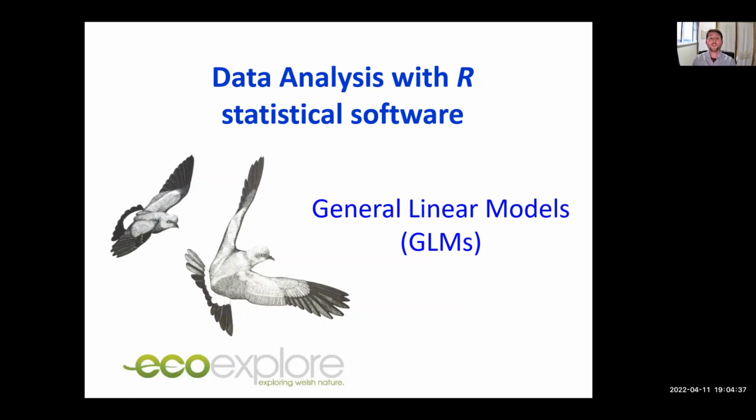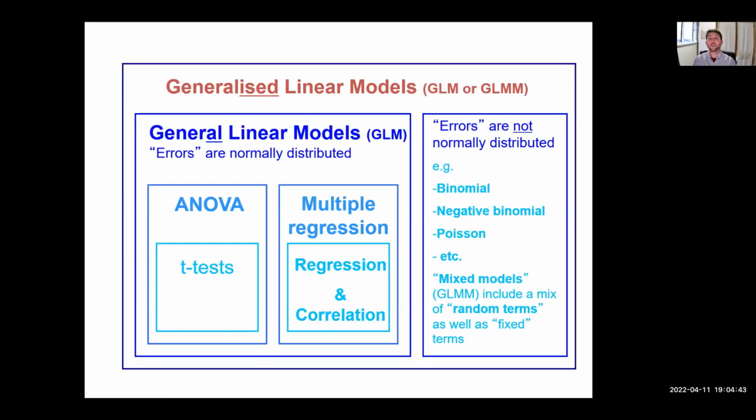So what is a general linear model? Well, it's a collection of smaller, less powerful tests. For example, everyone will probably be familiar with t-tests, when you're trying to compare the mean of one group with the mean of one other.